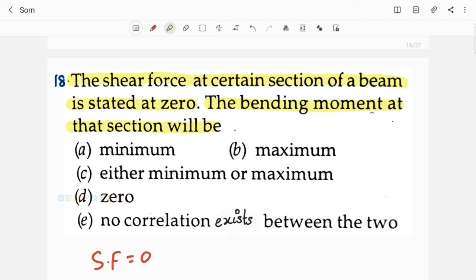Once again, wherever the shear force is 0, there the bending moment may be either minimum or maximum. Look at the options. Minimum, no. Maximum, no. Either minimum or maximum. Option C is absolutely correct. Let us go for the next problem.